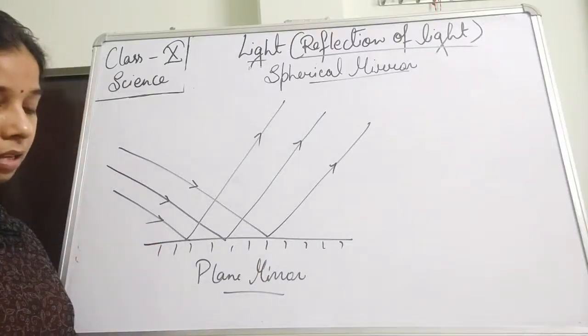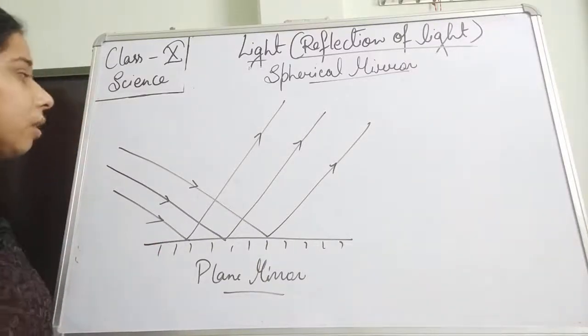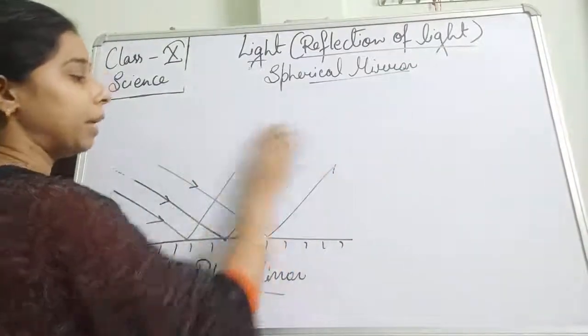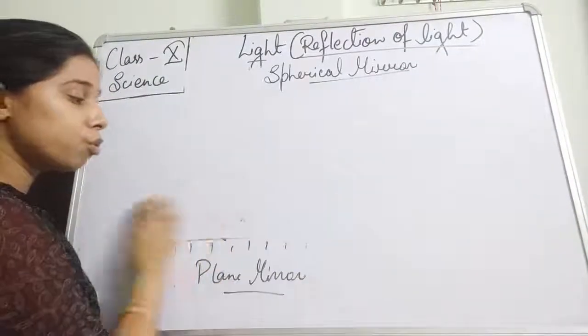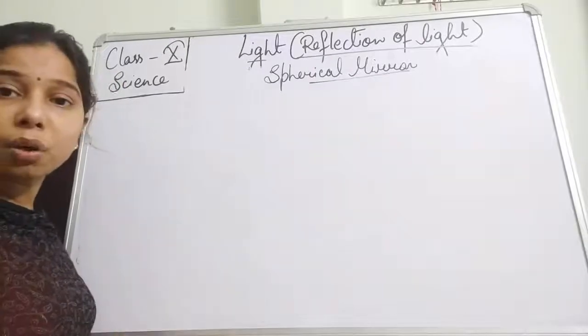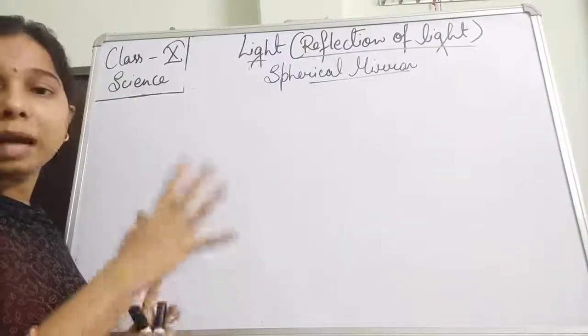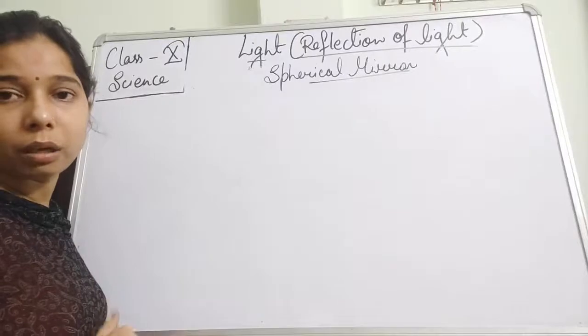Likewise, what happens in the spherical mirror is not like the plane mirror, students. It either converges the beam of light falling on it, or it diverges the beam of light falling on it.